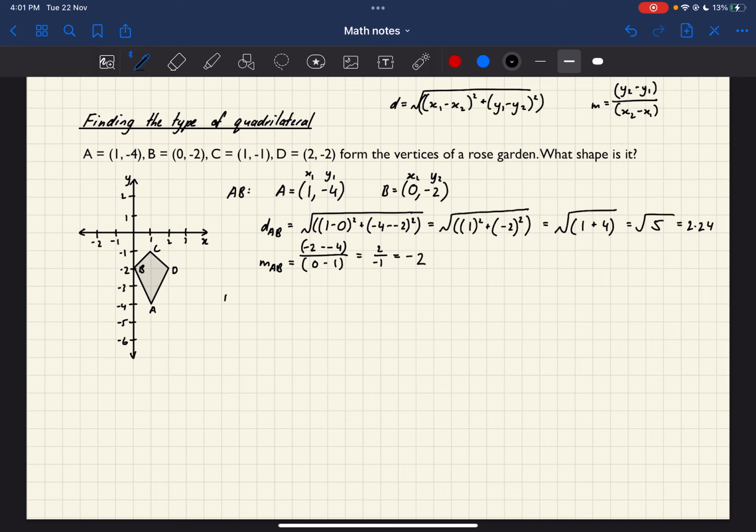Then we've got to do the rest of our lines. So BC, B equals (0, -2), C equals (1, -1). That's our x1, y1, and our x2, y2. We've got to get the distance.